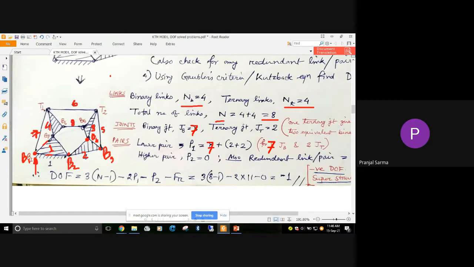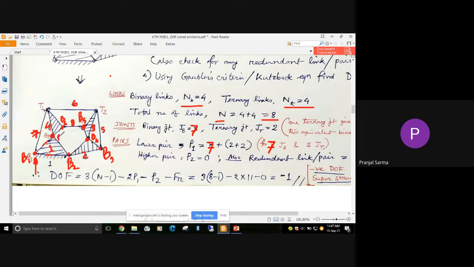If you consider this joint, link 3 and link 8 are joined. Once again, just a binary joint, the fifth, b5. If you consider this joint, once again links 8 and 4 are joined, only two links, and it is binary joint number 6, b6. If you consider this joint, here also link number 1 and link number 4 are joined.